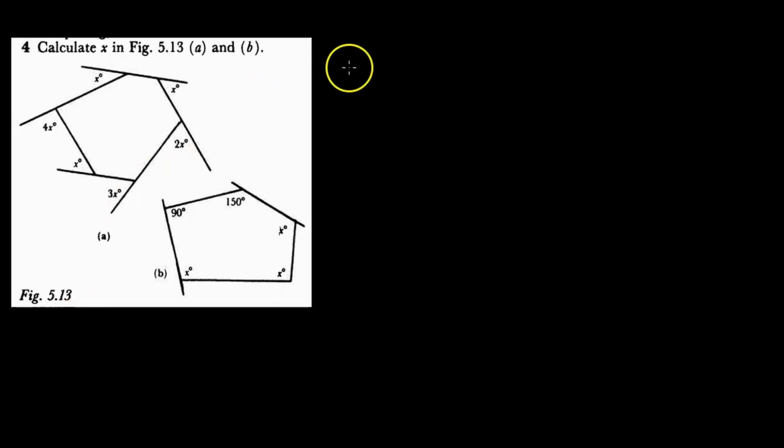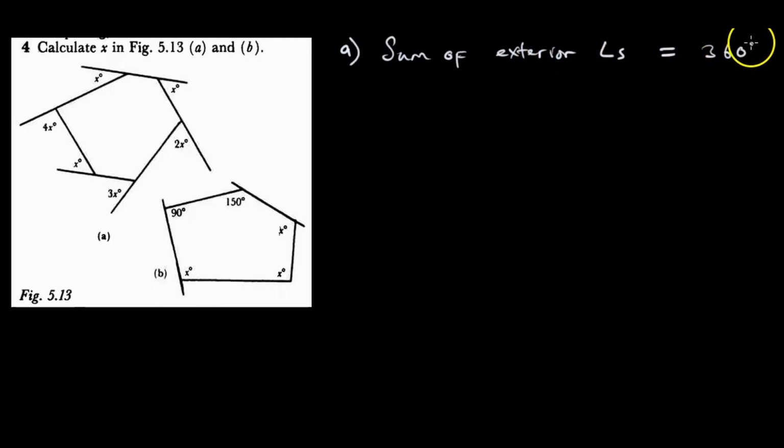So when we look at A, we can clearly see that these are exterior angles. And for exterior angles, we know that the sum of exterior angles is equal to 360 degrees. So what it simply means is, when we add these exterior angles they should give us 360.